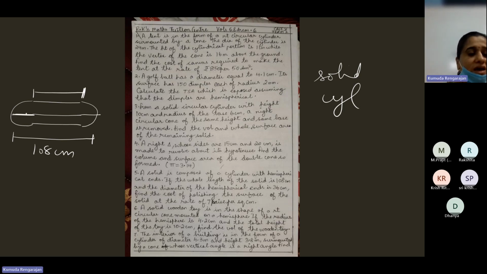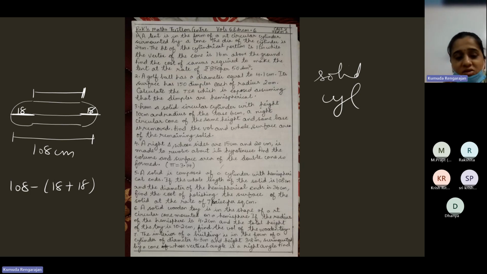So we know that the height of the hemisphere is equal to its radius. Radius is 18, so the height is 18 here. Here also the height is 18. So 108 minus 18 plus 18, 36. Subtract 18 from both the ends. Length of the solid is 108.